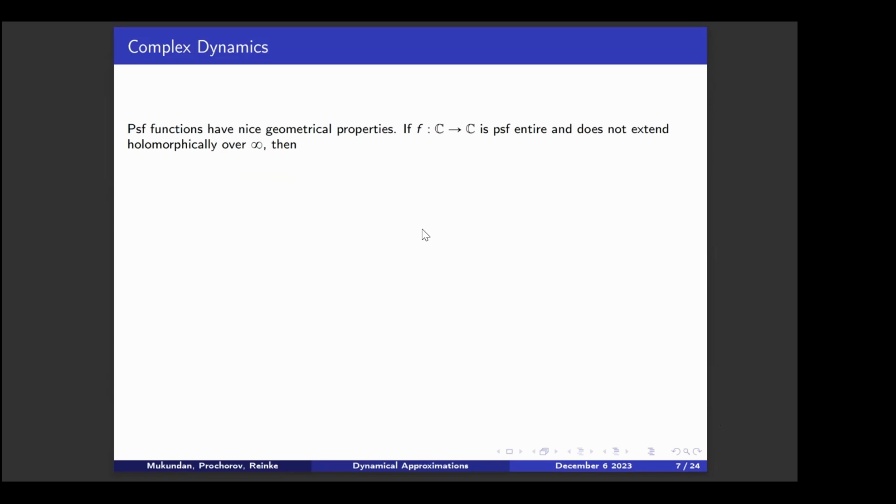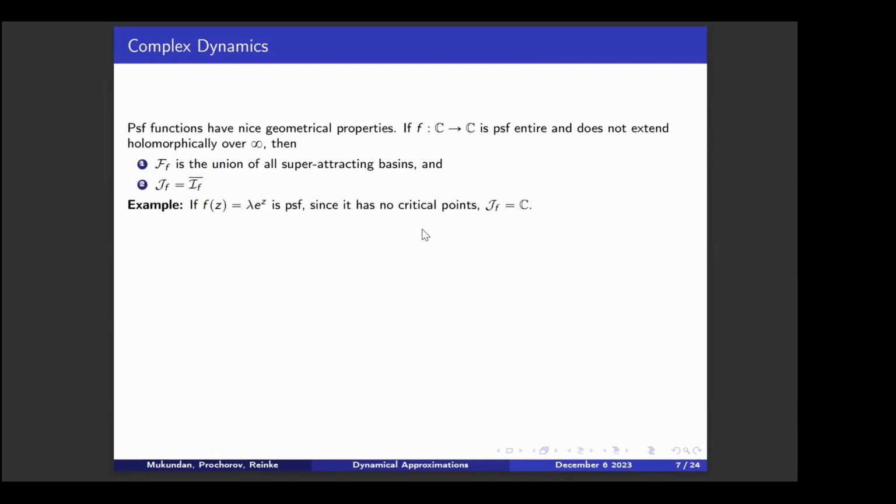If you have a PSF function that's transcendental, so it doesn't extend holomorphically over infinity, then the Fatou set is the union of all the super attracting basins. The Julia set is the closure of the escaping set.